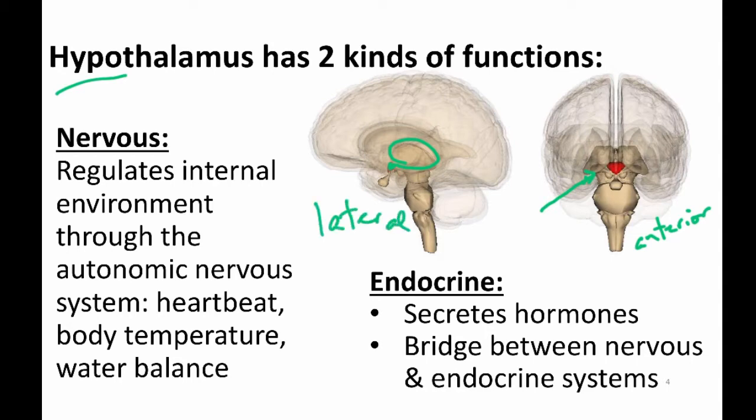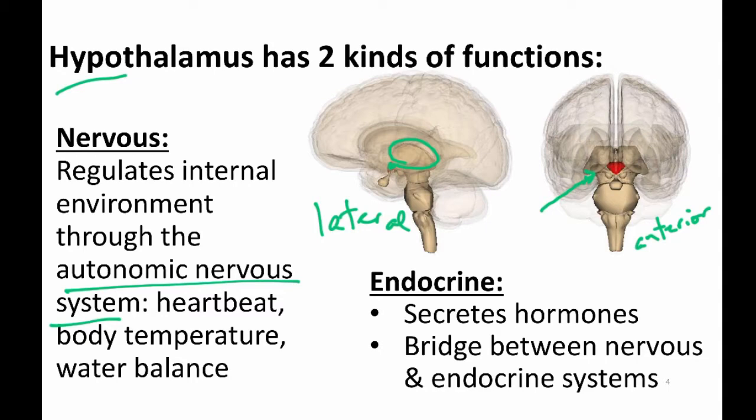So these two functions are coordinated with one another, but they use different mechanisms. So we've got a nervous function where the internal environment of the body is regulated through the autonomic nervous system, right? So monitoring heartbeat, body temperature, water balance, those sorts of things.